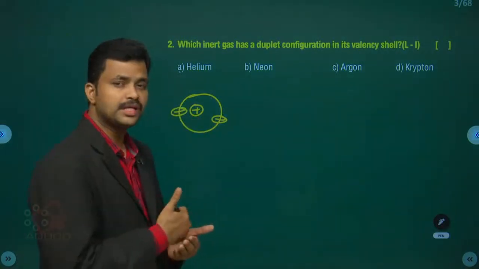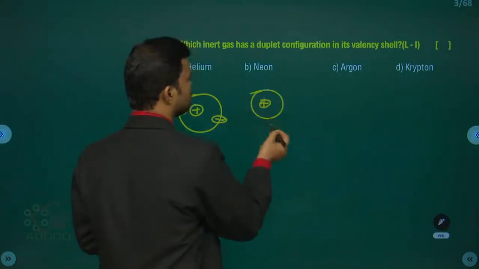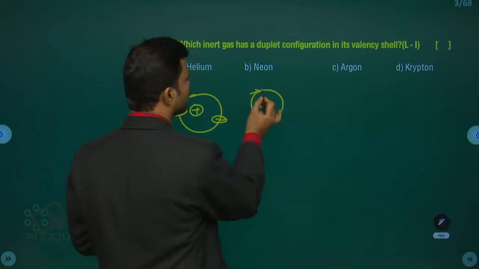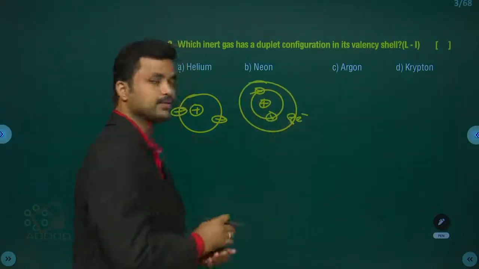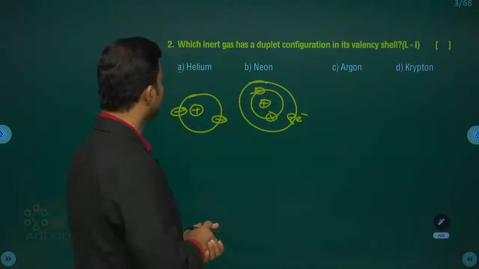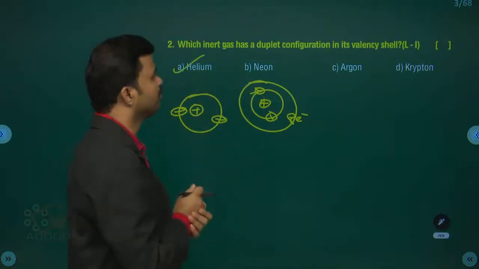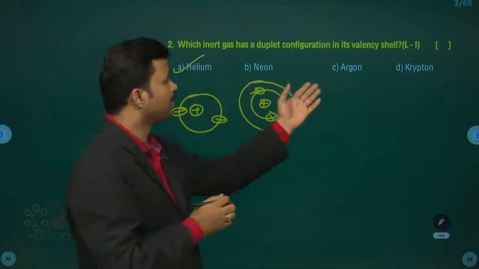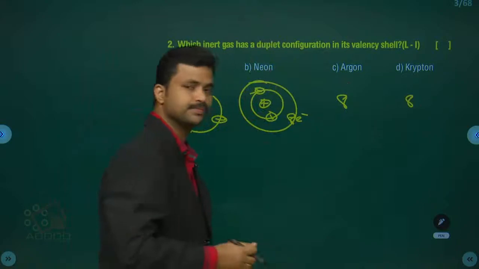Neon, second period, has 2 orbits: first orbit 2 electrons and last orbit 8 electrons. So the answer is helium only. Neon, argon, krypton have 8 electrons in the valency orbit.